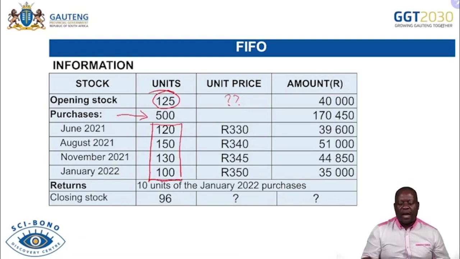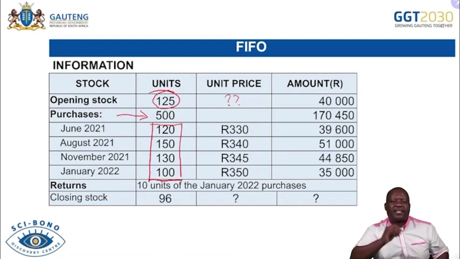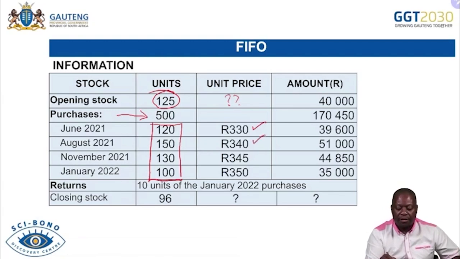So it means we bought these items at different times. And check something that is also taking place. Every time we go to buy, the price is changing. In June, it was 330. In August, 340. In November, 345. In January, it's now 350.